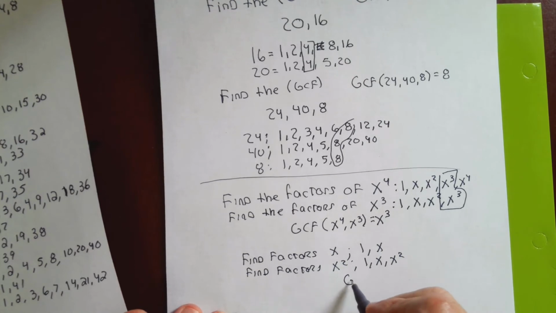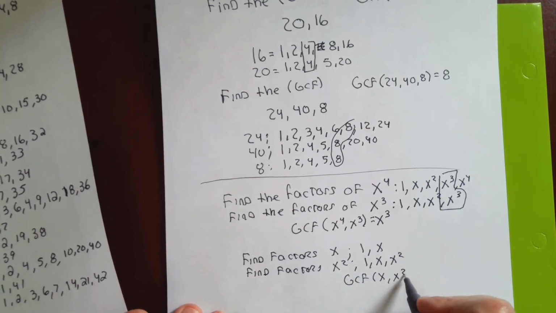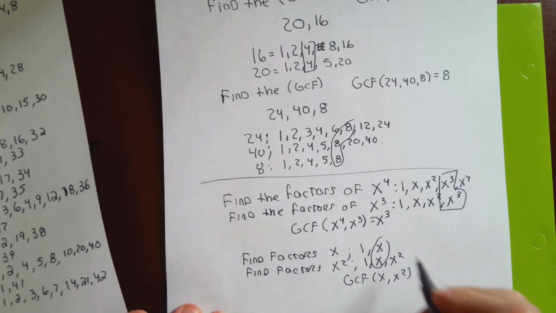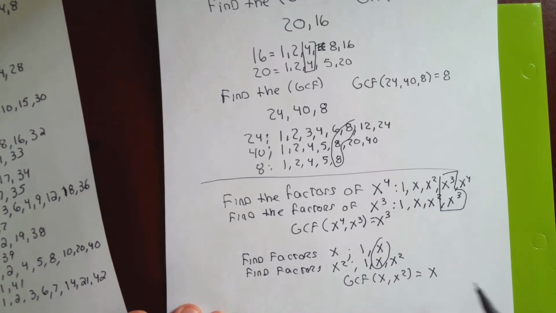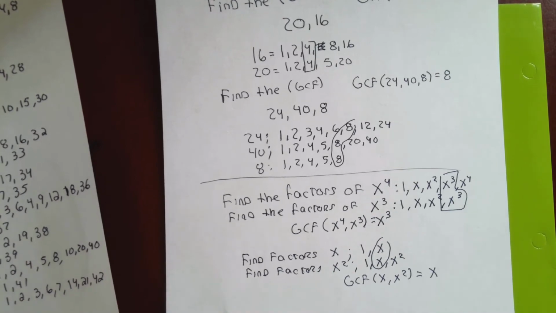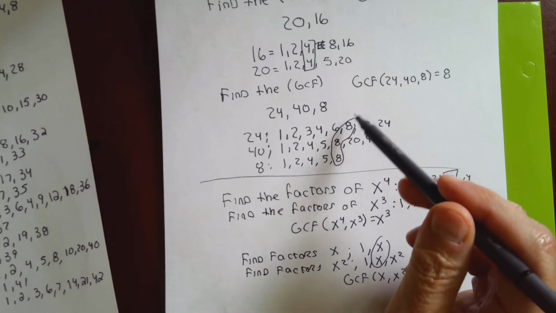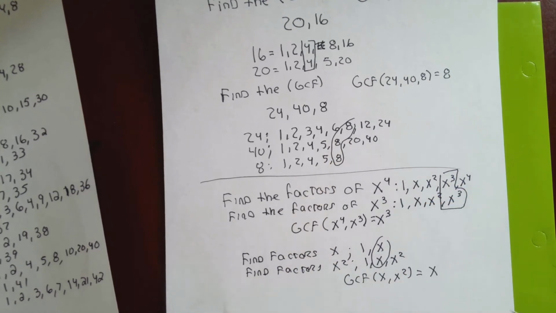The greatest common factor between x and x squared is x. So we're going to need the concept of greatest common factor. The greatest common factor of a set of numbers is the largest number that divides into the numbers evenly.